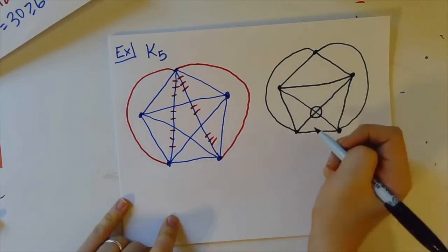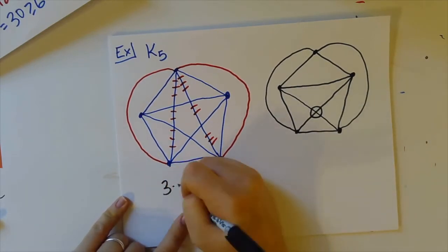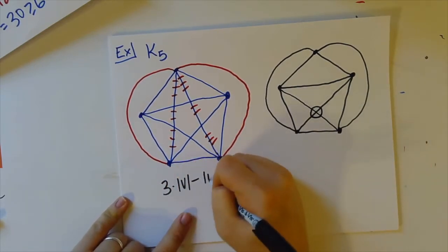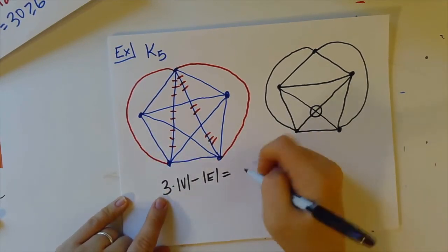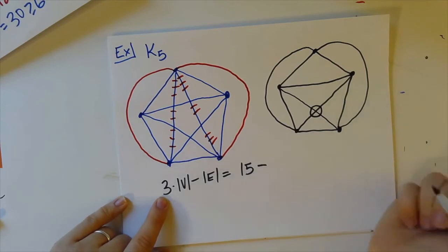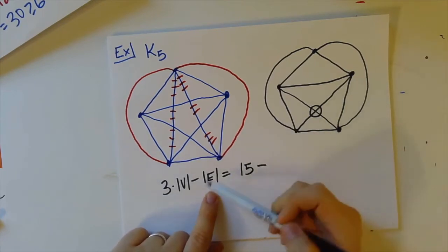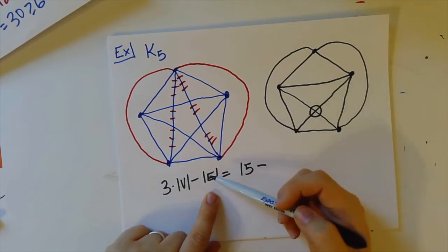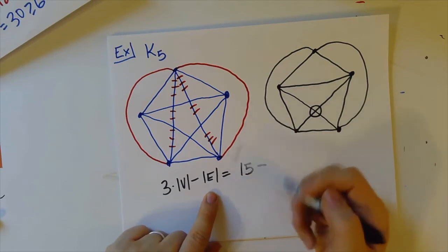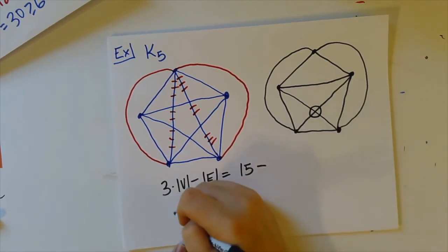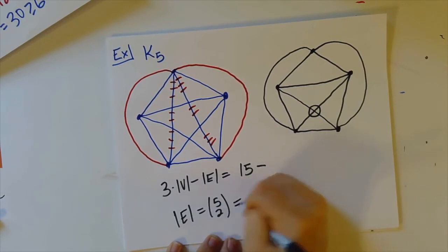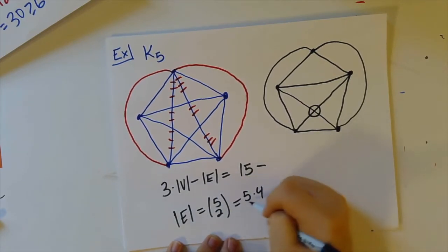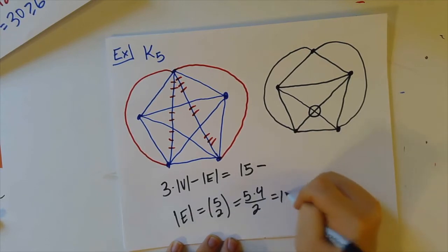So we should calculate for K5 3 times the number of vertices minus the number of edges. Okay, well, K5 has 5 vertices, so that's 15 minus... And how many edges does it have? Well, there's an edge between every pair of points, so the number of edges is 5 choose 2, which is 5 times 4 over 2, which is 10.